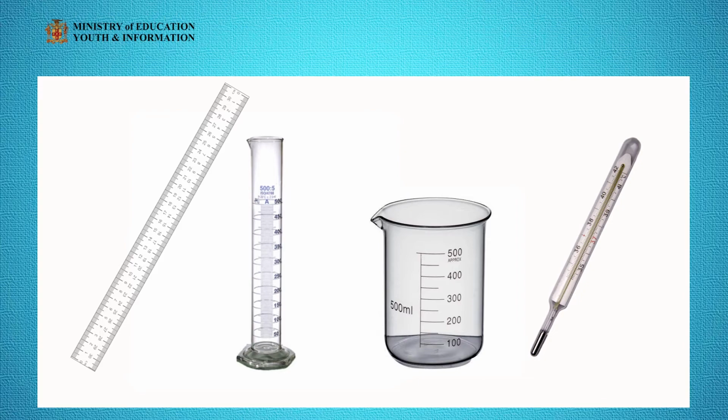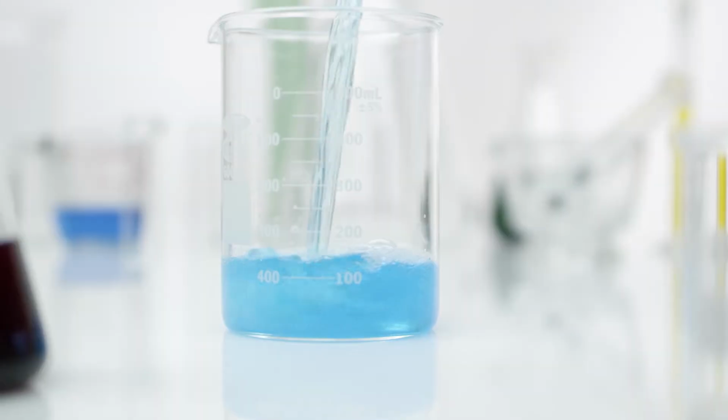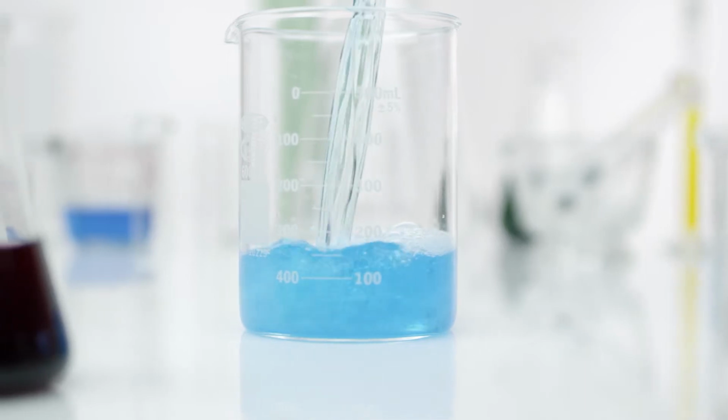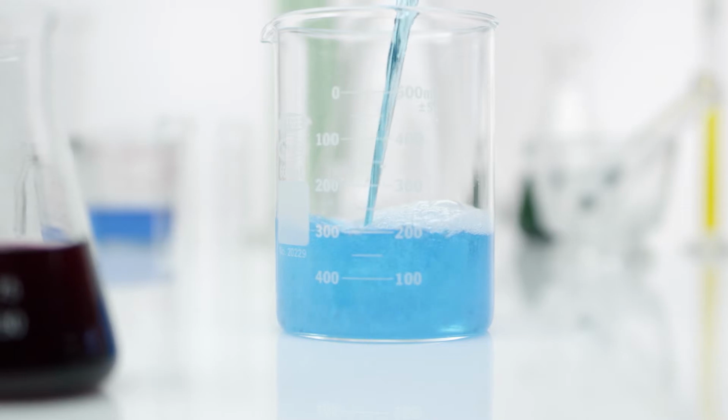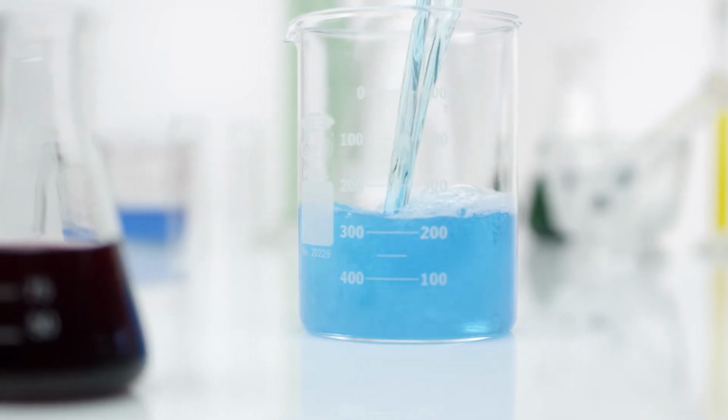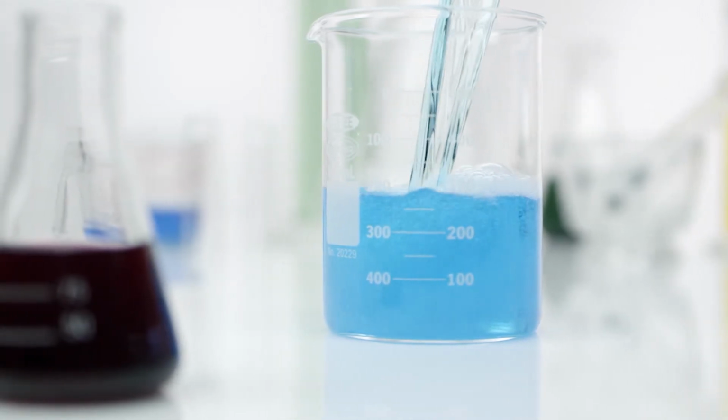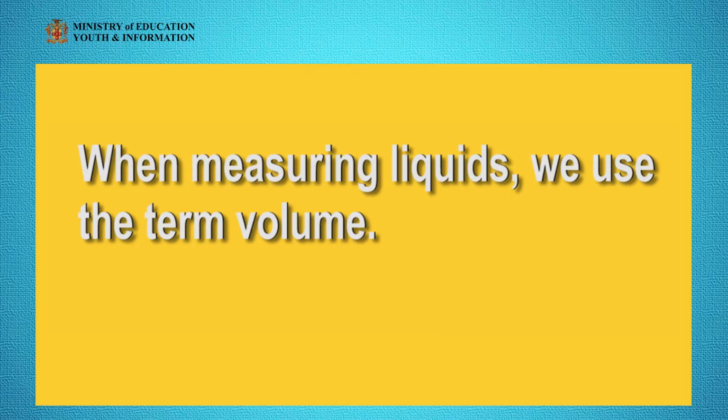All right, now I have some water in this plastic bottle. If I pour out some in this beaker, I can get an estimate of the volume of the water. So when we're looking at liquids, we talk about volume.